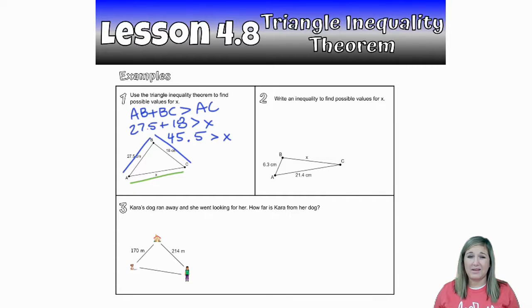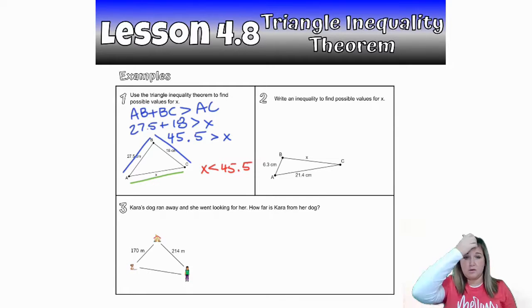Typically you write it this way: x has to be less than 45.5. So 45.4 will work. 45.5 won't work. Any number that's less than that. Also, there's an unnoticed bottom end of our range for x, and that's 0.